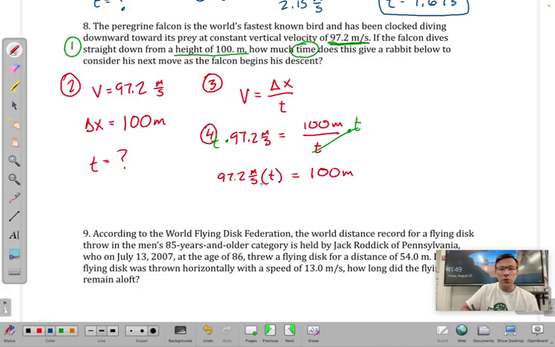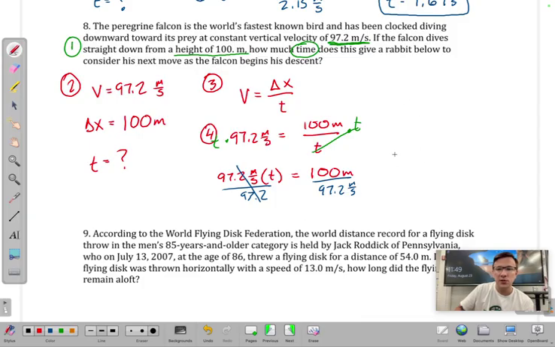At this point, we need to divide by 97.2 on each side, meters per second, in order to cancel it here and get t isolated all by itself. So we do need to do 100 divided by 97.2, and that answer should come out to be 1.03 seconds.